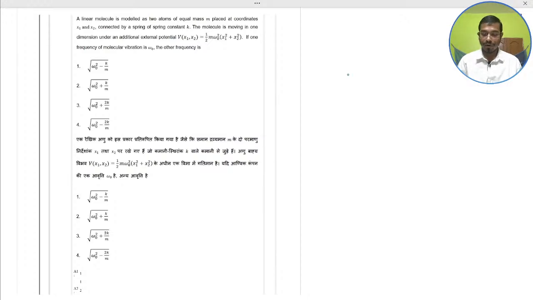This is coming from the small oscillations, classical mechanics; we will discuss the chapters in the classical mechanics chapter. So here the kinetic energy of the two spring system is m times x1 dot square plus x2 dot square divided by 2. Potential energy is given.